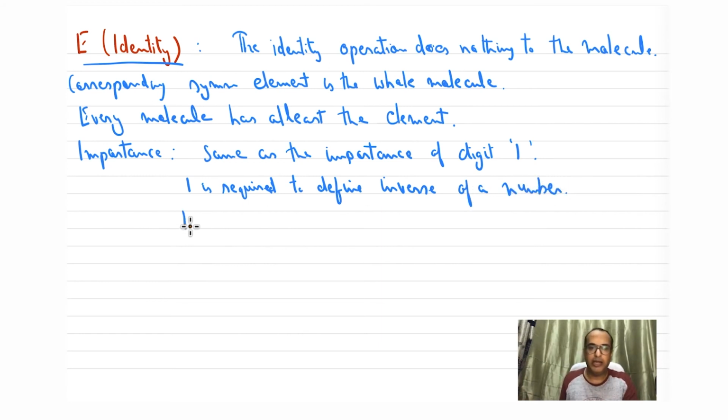Similarly, E is required to define the inverse of a symmetry operation. Just like 1 is required in algebra to define any inverse, E is required to define the inverse of a symmetry operation. So that's why we have E.